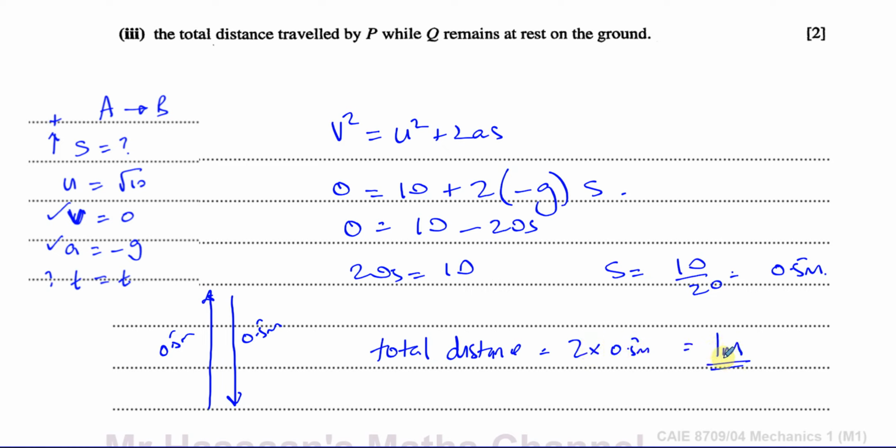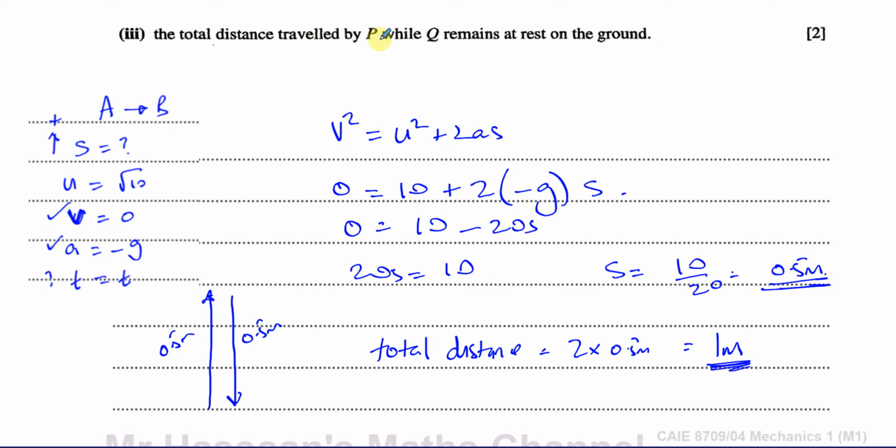Now, those of you who did everything right in the question, I think there's only one student who actually multiplied the answer by 2 at the end. Most of the students gave 0.5 meters as the answer. That's what you normally find in the questions. You have to read the question very carefully here. What is the total distance traveled by P? Some people just finish reading there.